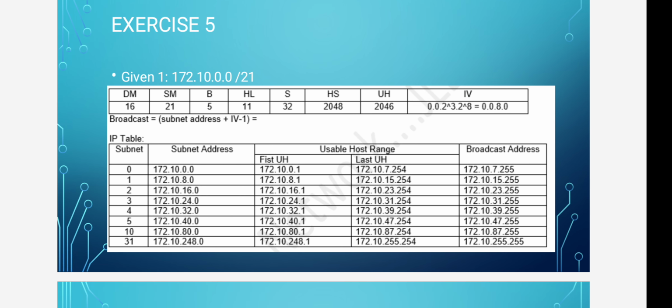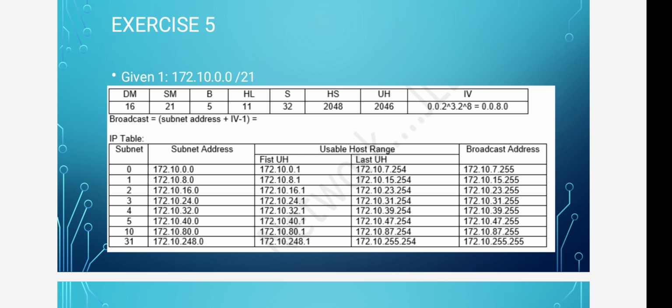For exercise 5, the given one is 172.10.0.0/21. The default mask of 172.10 is /16, and the given subnet bit is 21. We have borrowed 5. We have HL 11.